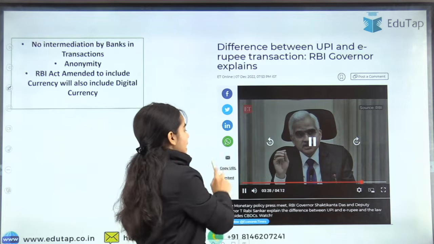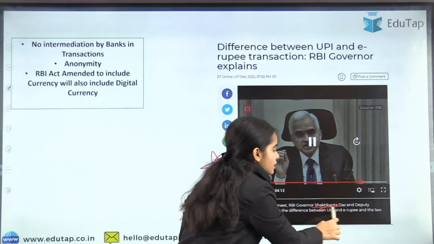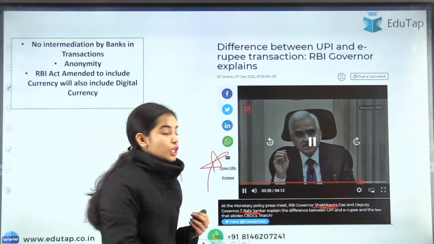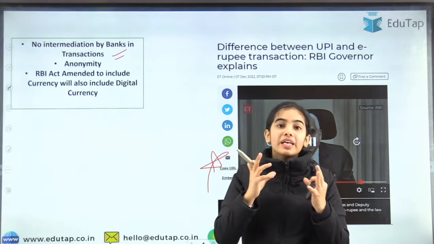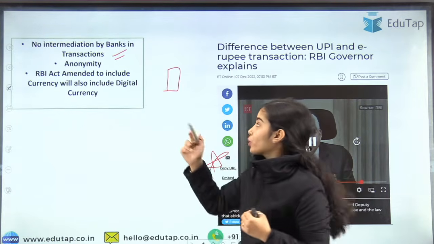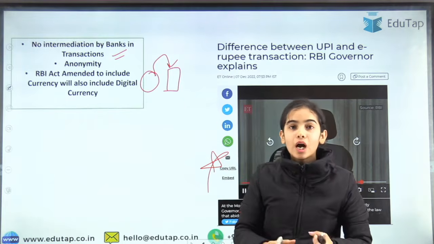Now what has the RBI's governor said? The statement has been given by Shaktikanta Das, governor of the RBI, and the deputy governor of RBI, that is Ravi Shankar. So first is intermediation by the bank. The RBI's governor has said that when you are transferring through the UPI, your bank is involved, the bank account is involved.